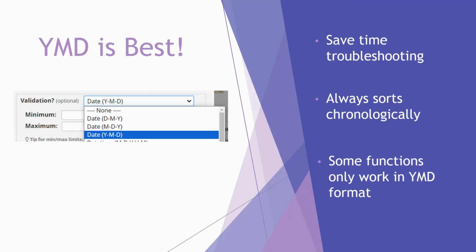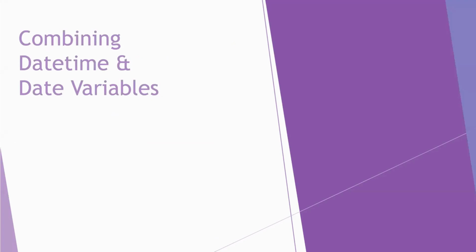So unless you have a terrific reason not to use it, I would suggest using YMD. But let's say you do have a terrific reason. Your people are insisting they like month to year or date month to year. You can actually use a calc date field to force it into YMD format and then use that in the calculation. But we're not going to get into that today.